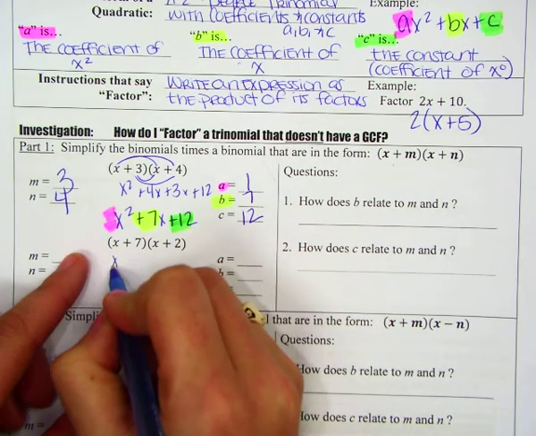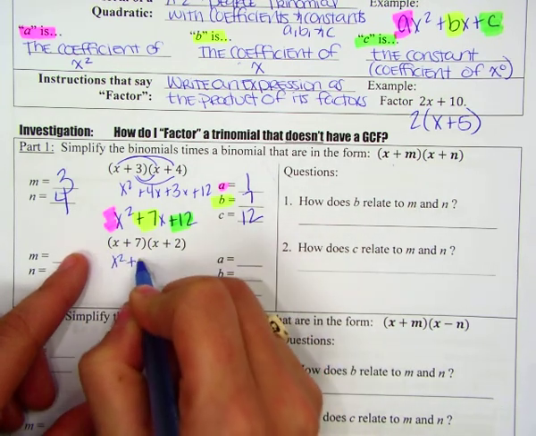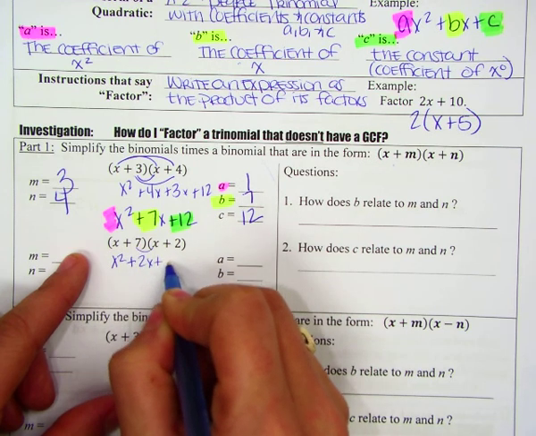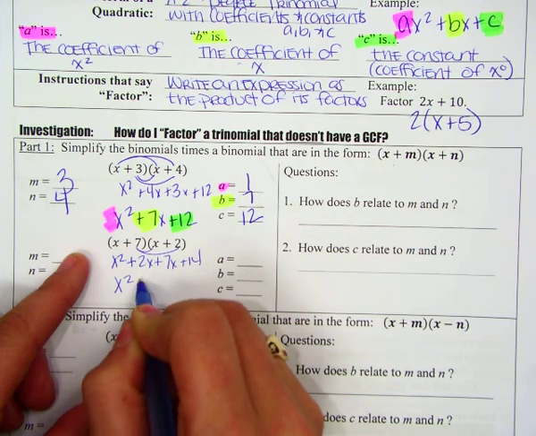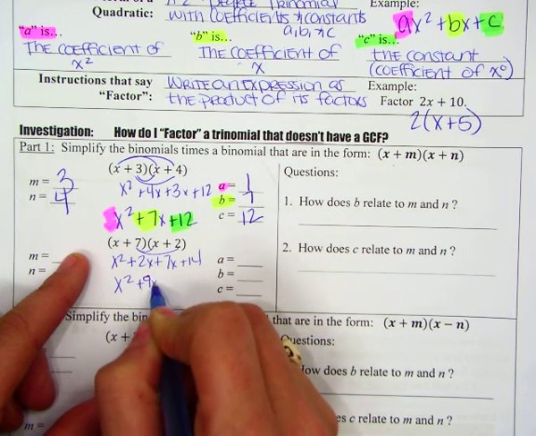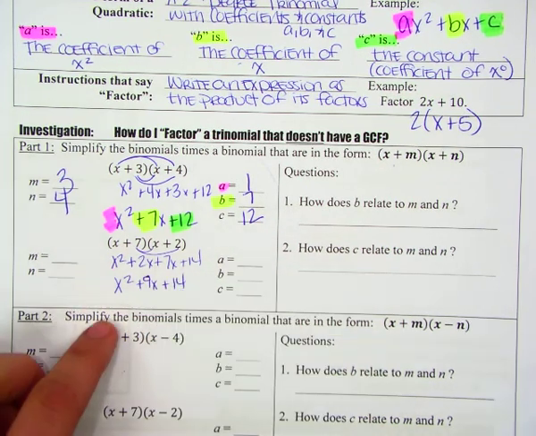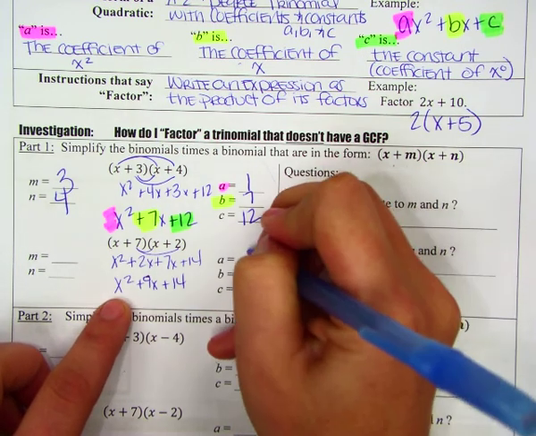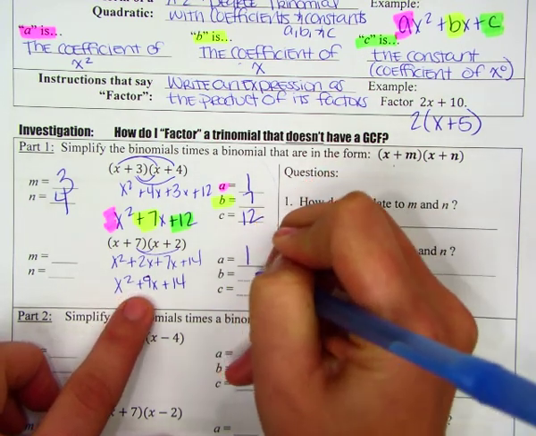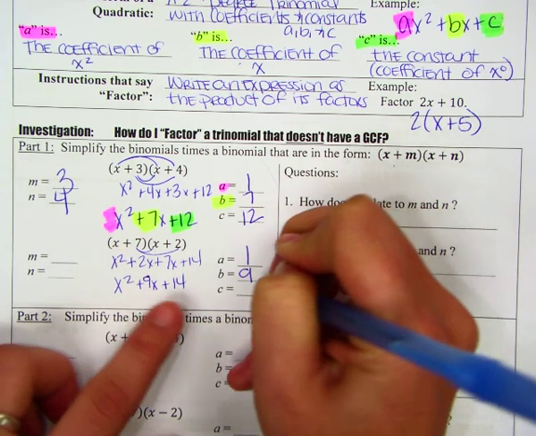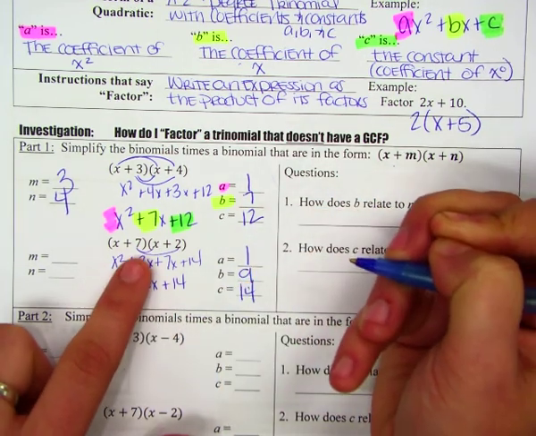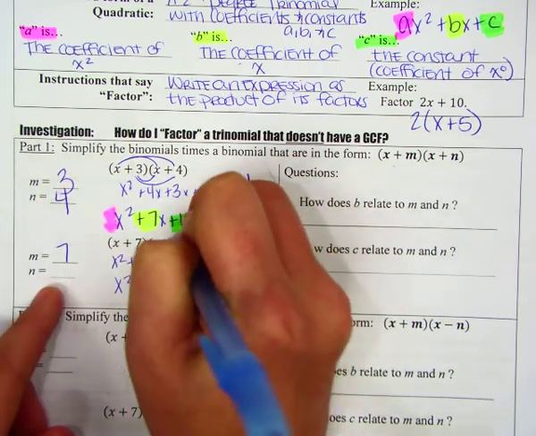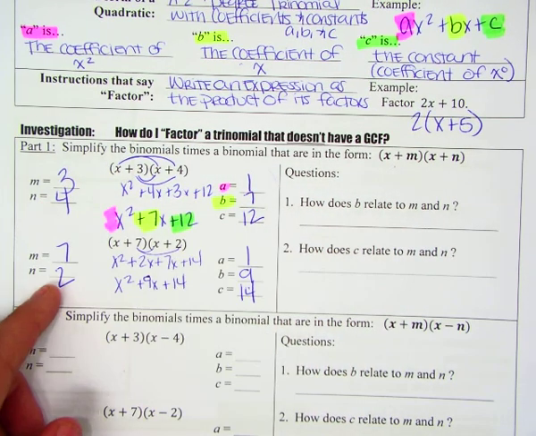This will be x squared plus 2x plus 7x plus 14, which is x squared plus 9x plus 14. A is 1, b is the coefficient of x, which is 9, c is the constant, which is 14. And I forgot to fill out: m is 7 and n is 2.